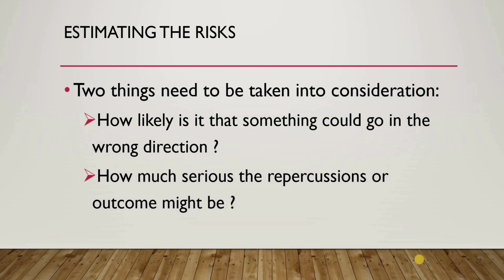So we have to think about the likelihood of something that could go in the wrong direction and the repercussions or the outcome from those events. So we have to think about the likelihood and the outcome. Estimating risk basically means asking what is the likelihood of the wrong things happening and what is the outcome from those wrong events.